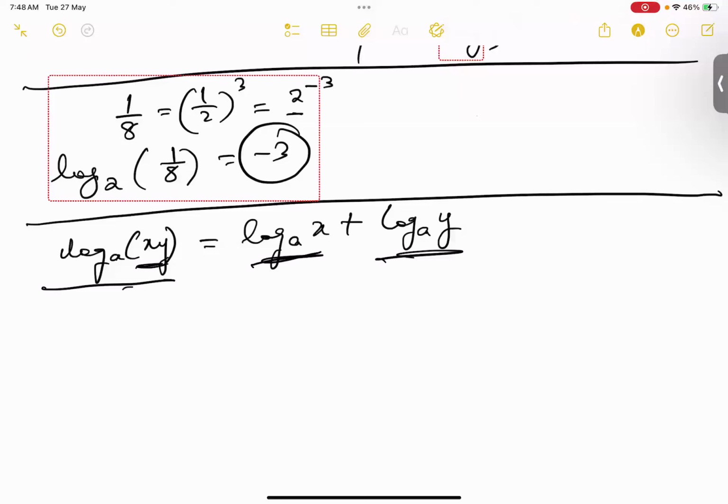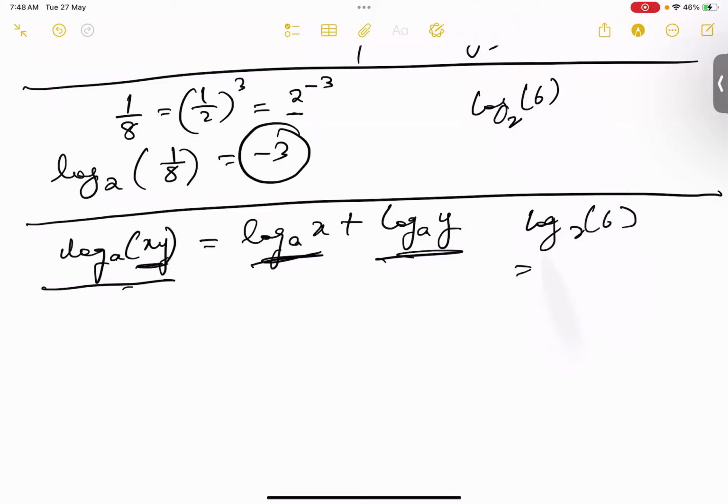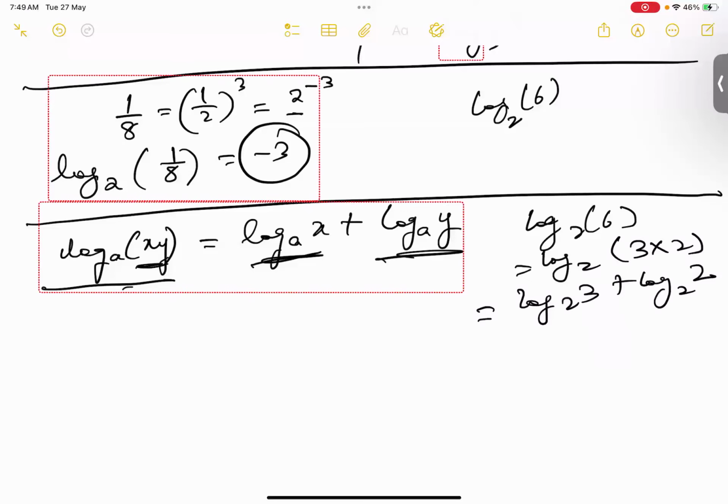For example, log base 2 of 6: 6 can be 3 into 2, so you can just write directly log base 2 of 3 plus log base 2 of 2.